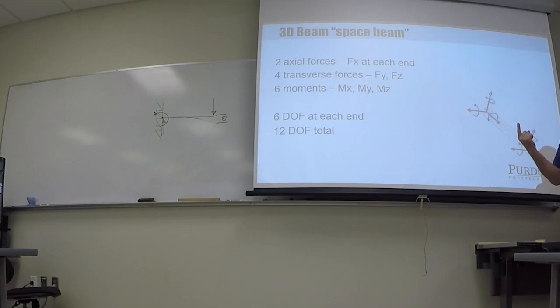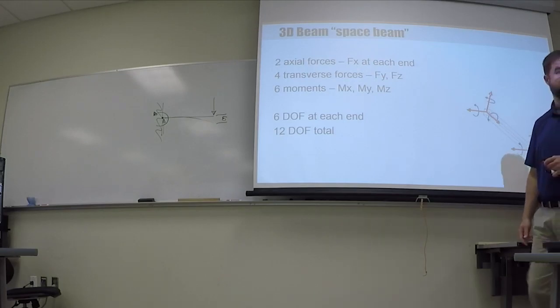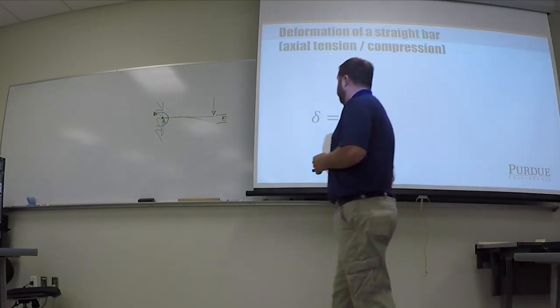A bar just has 2 degrees of freedom, which is the axial at each end. A 2D beam without axial loads has 4 degrees of freedom. A 2D beam with axial has 6, and then a 3D beam has 12. So you should know the differences between them, so that if it's a test question, you should know what those are.